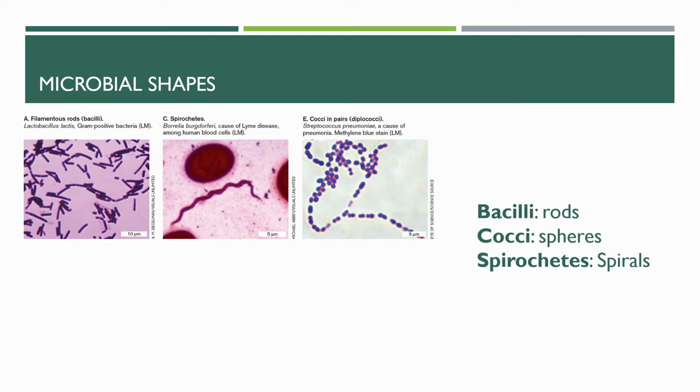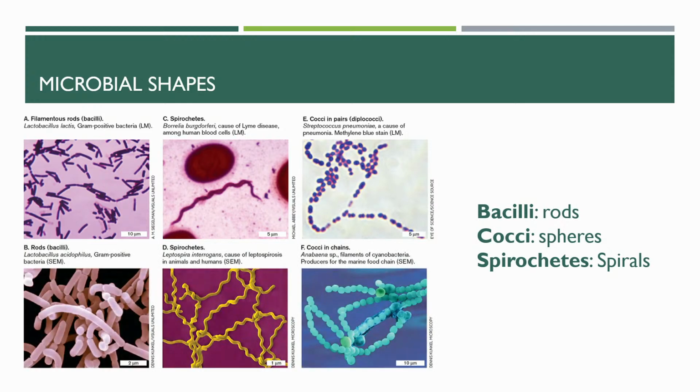These are bacilli, and then you have a spiral right here that's next to a human blood cell, and then E. coli tends to link in pairs, so these are cocci or diplococci if they're in pairs. So just some more shapes. Some more spirals, more chains of cocci, and more rods.